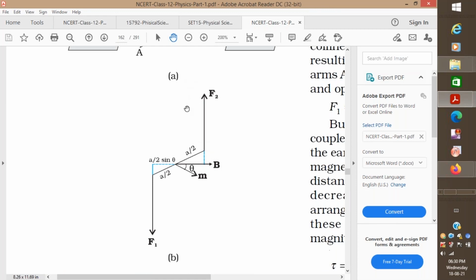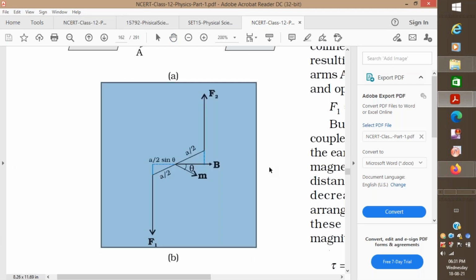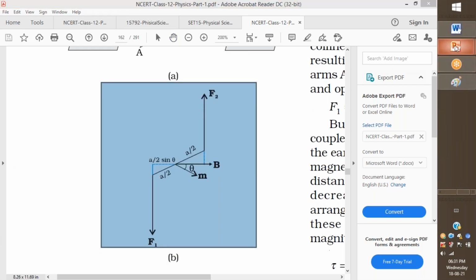I'll get both F1 and F2 as it is, magnitude wise, but since the loop is tilted, the torque, the definition of the torque, was the magnitude of any one of the forces into the perpendicular distance between the lines of action of the forces.